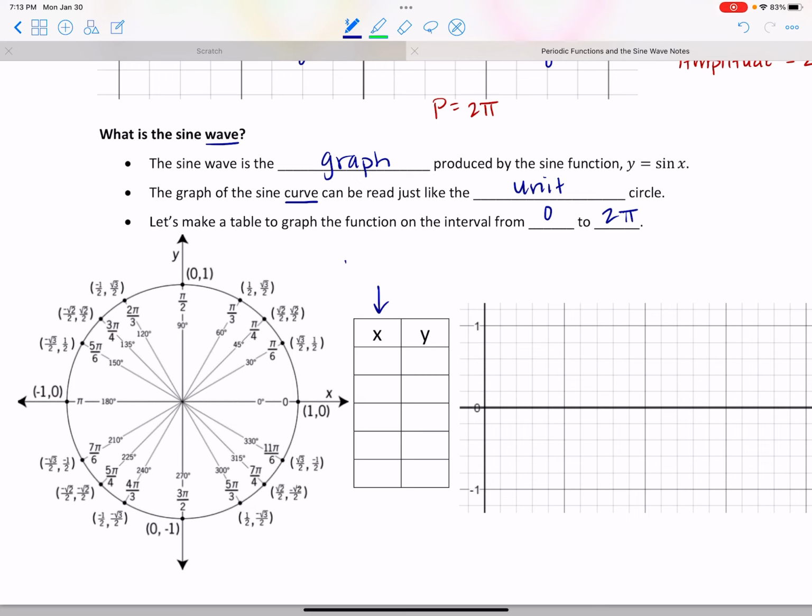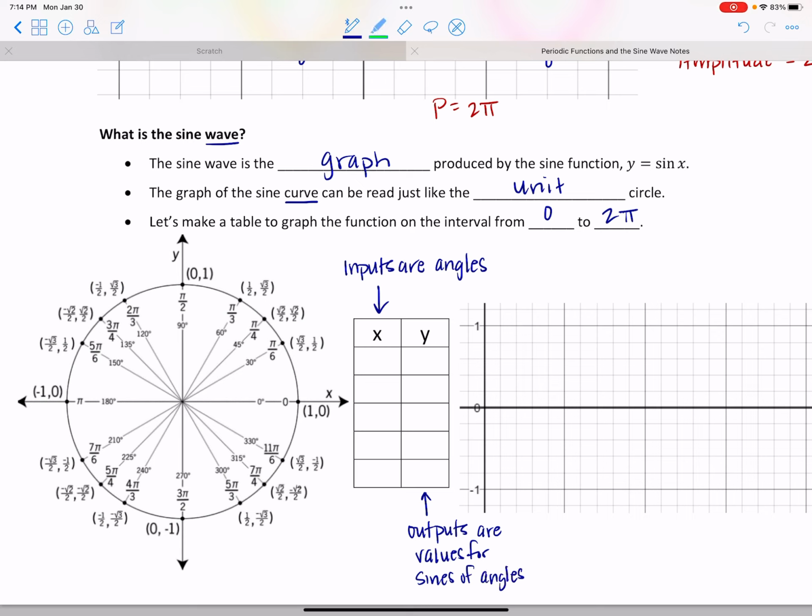In this case, our inputs are going to be angles. And what are the outputs going to be? So if I put an angle in here, the output's going to be the sine of that angle. So outputs are values for sine. Sines of the angles. Okay?